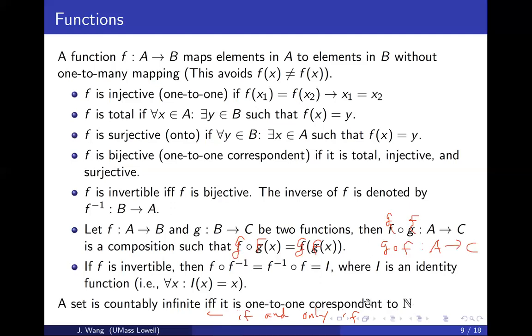So in other words, all the elements in a countably infinite set can be enumerated, starting as A1, because that corresponds to 1 in this set. And then A2, you look at the index, right? So the index just gives you n. Or if N contains 0, then you can start from A0. Okay, so this is one-to-one correspondence to N, and that is called countably infinite.